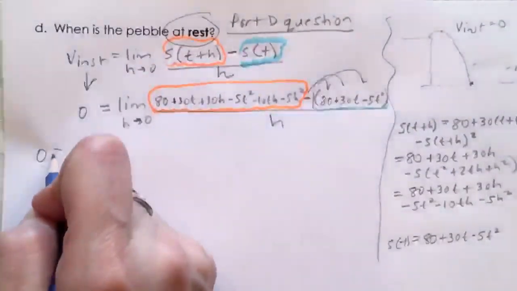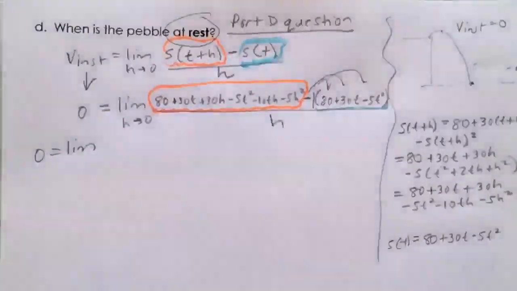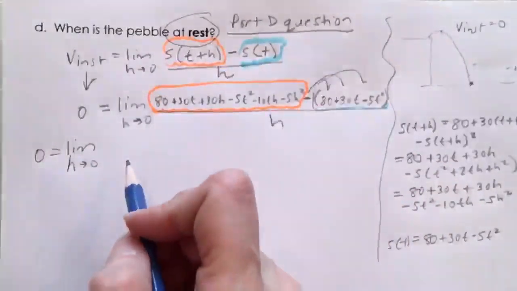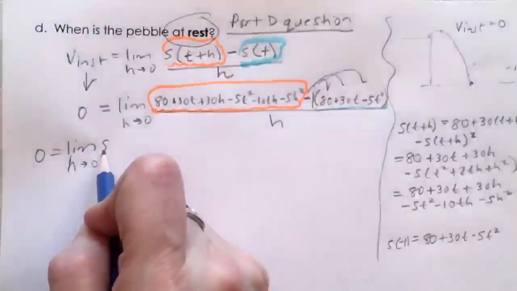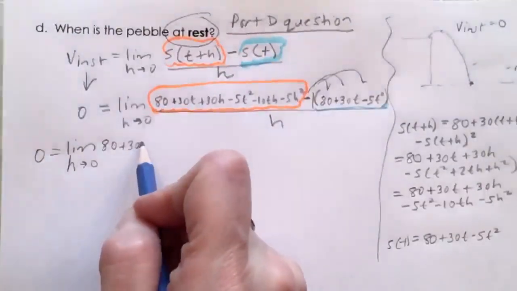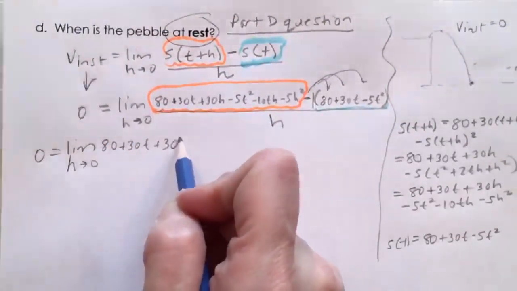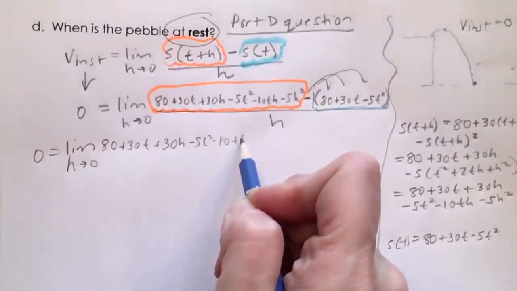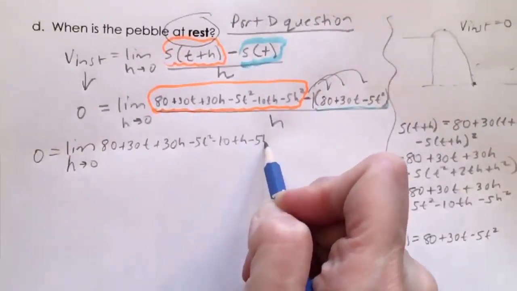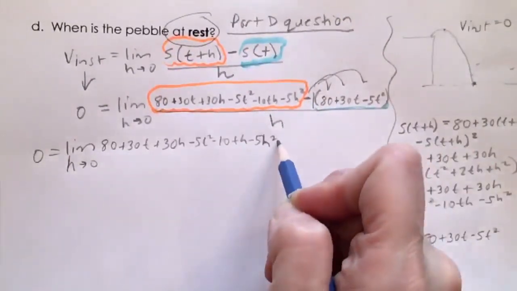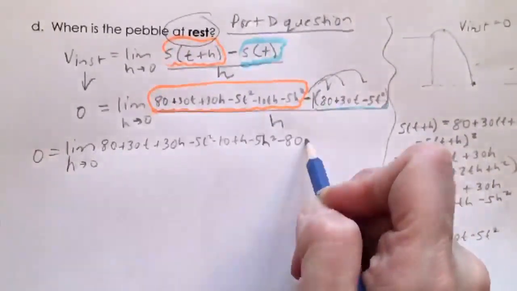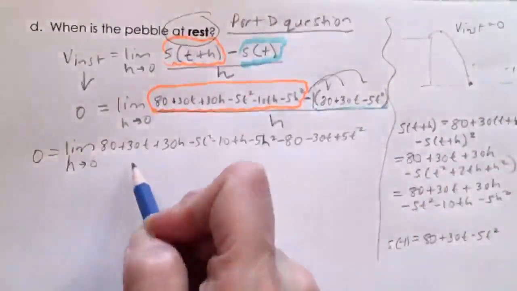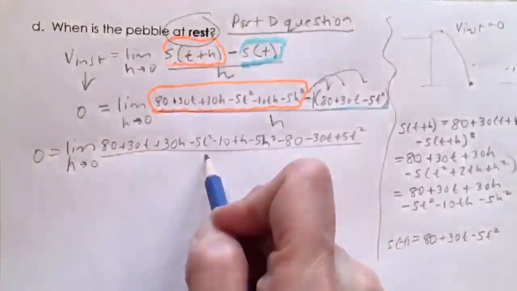So I'm just going to move over to the side a bit so I have a bit more room. So 0 is equal to the limit as h approaches 0 of 80 plus 30t plus 30h minus 5t squared minus 10th minus 5h squared minus 80 minus 30t plus 5t squared, all over h.